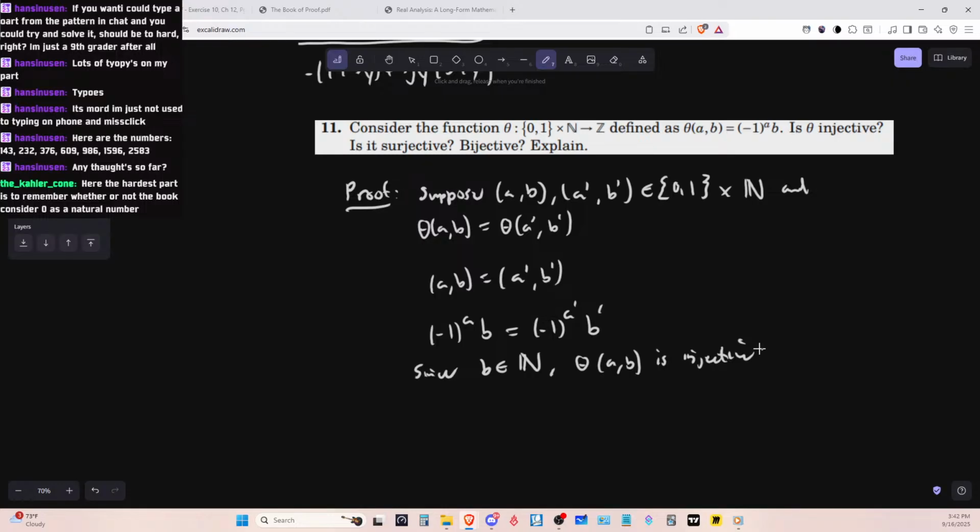Okay, so suppose we have to suppose that this will equate to a result. Suppose there's an element, let's call it z, in the integers, and theta of a and b is equal to z.